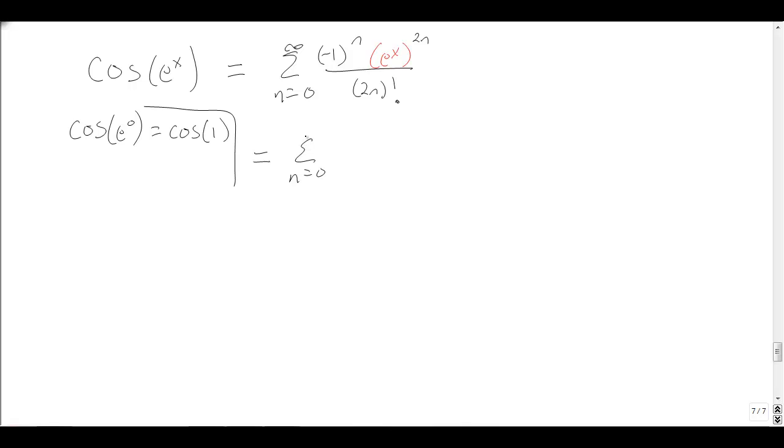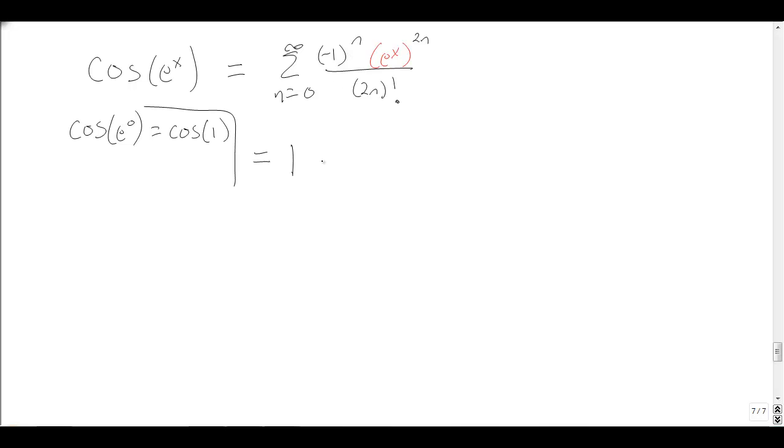Let's just do when n is 0: I'm going to get a 1, because whatever e to the x is, I'm going to raise it to the 0th power. That'll give me a 1 here.